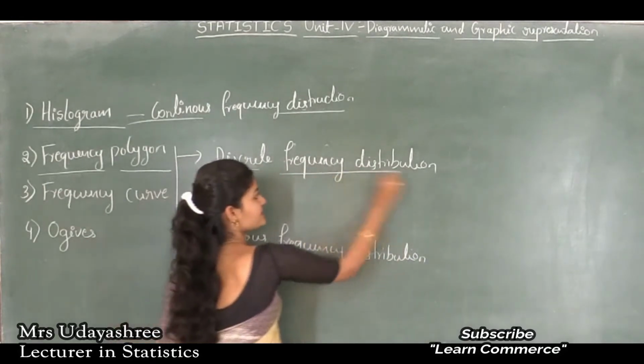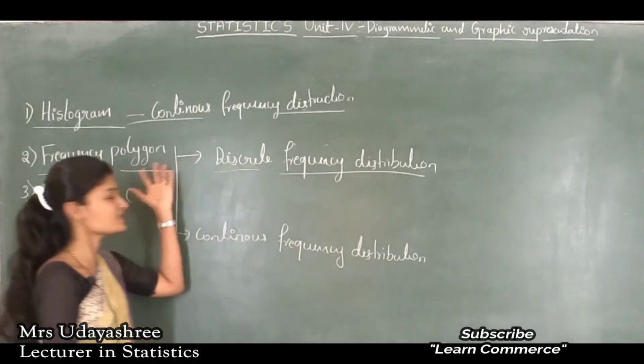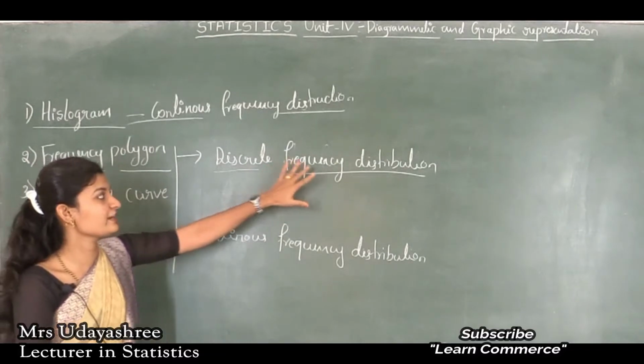So let's see how to construct a frequency polygon in case of a discrete frequency distribution.